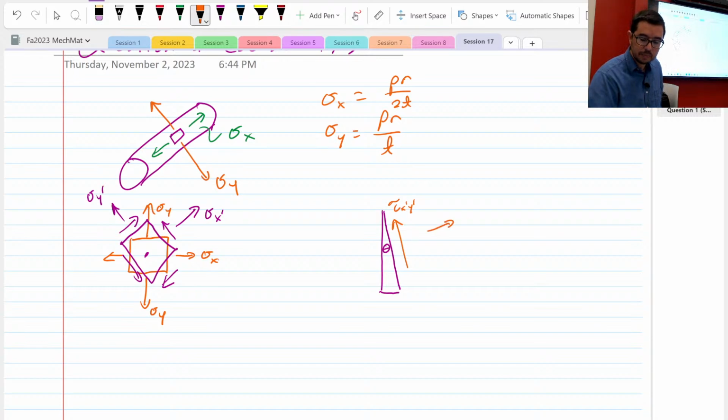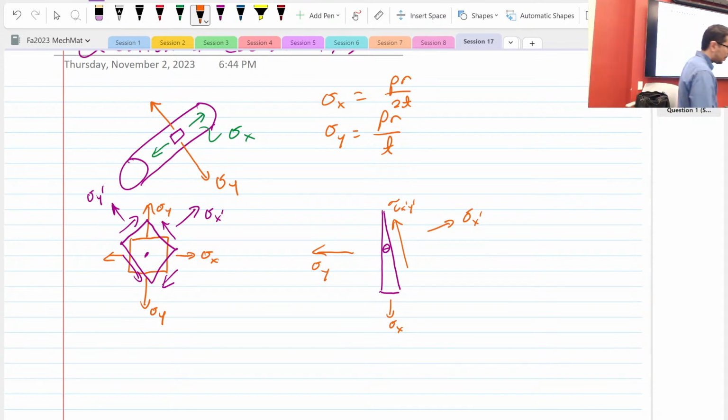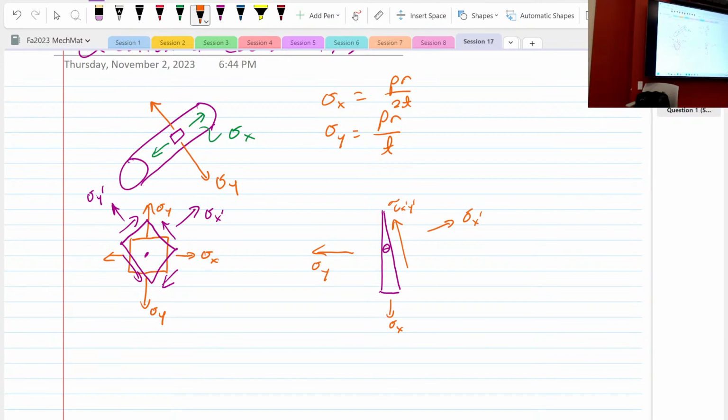Okay? Right? And you had no shear stress. So now you have a sigma y and you have a sigma x. Yeah, there's going to be a tau x prime y prime.